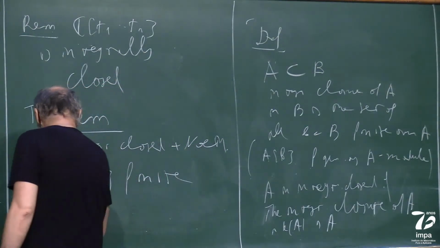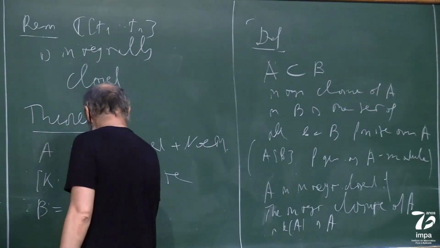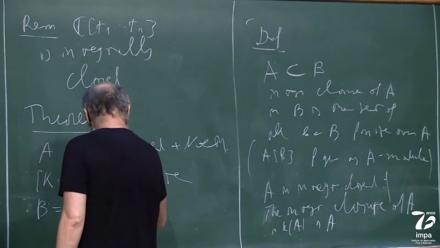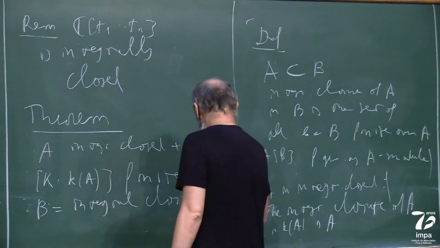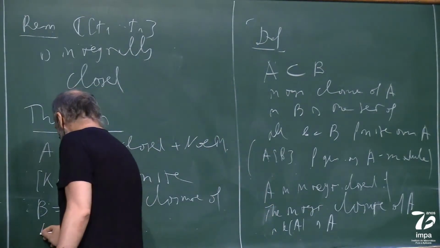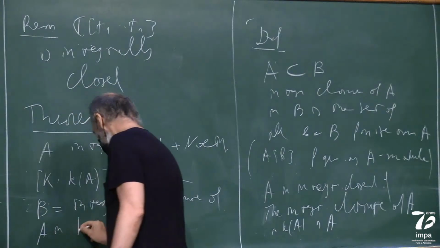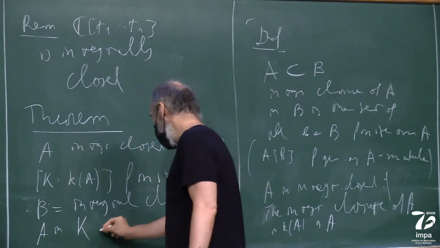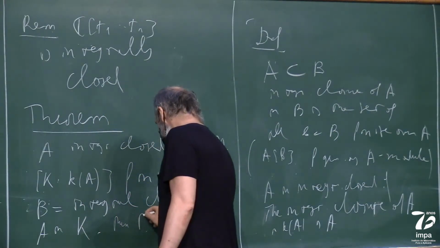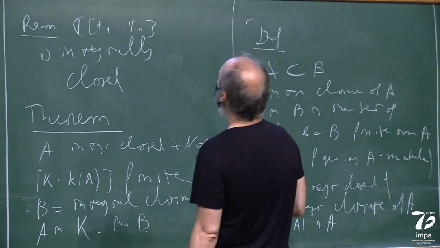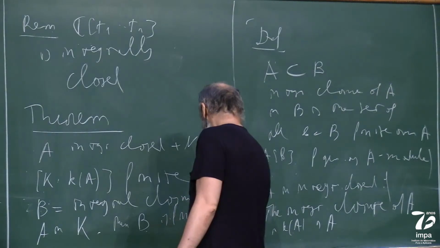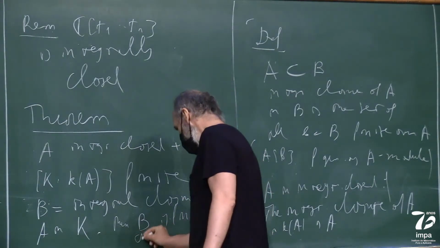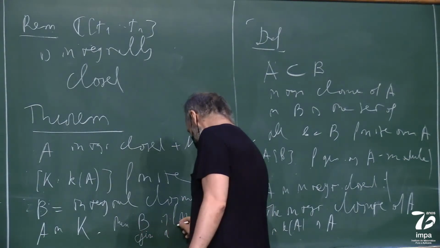And B is the integral closure of A in this field. Then B is finitely generated as a module.